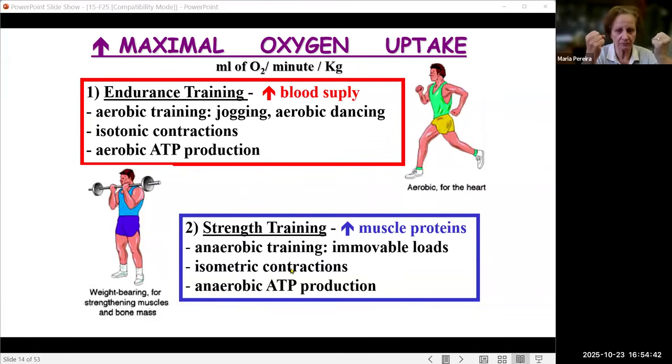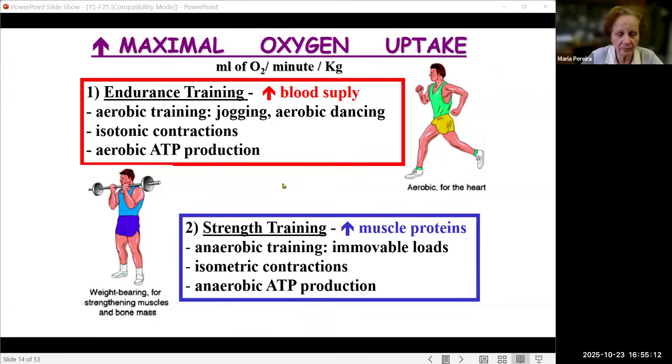Only the force that the muscle is exerting changes. Remember when you push against a wall, the size of the muscle doesn't change, but the tension changes. So this is strength training, and it relies on isometric contractions. The size of the muscle doesn't change, but the force does. And it relies on anaerobic ATP production.